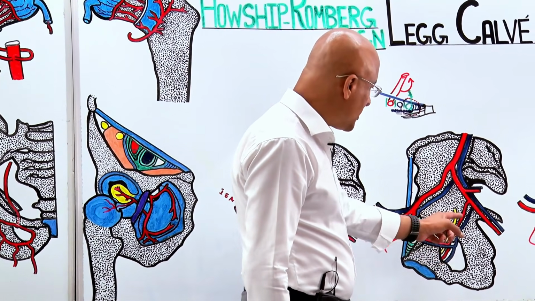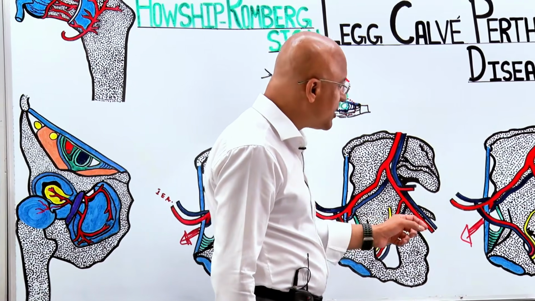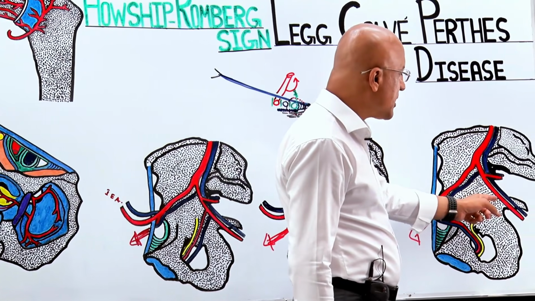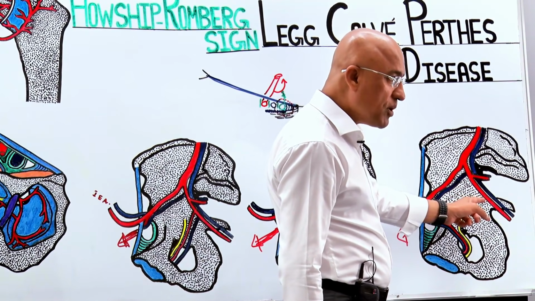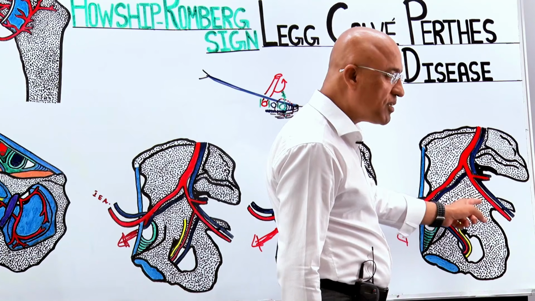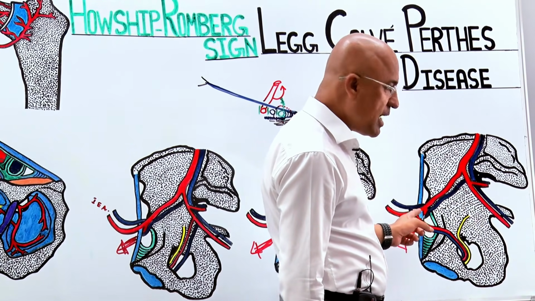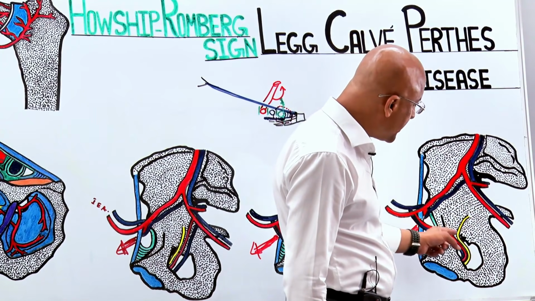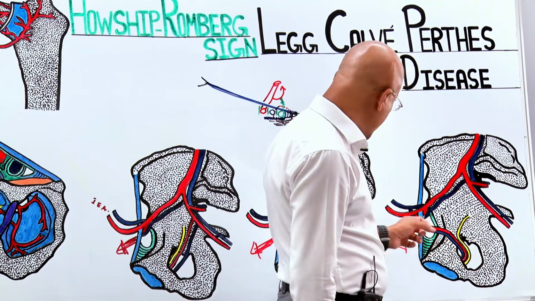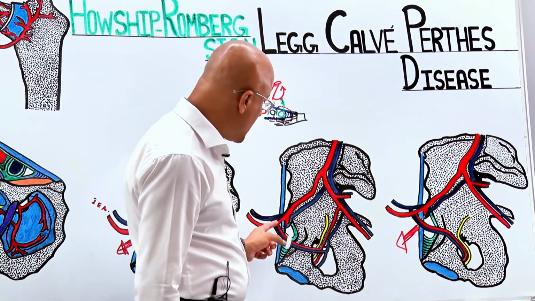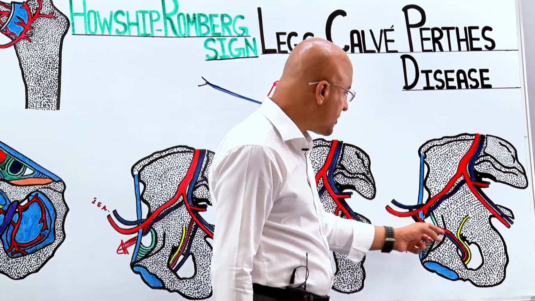Accessory. This person has two obturator arteries. Or we also talked about the origin being shifted from the internal iliac to the external iliac system, and from there the artery comes directly down to the obturator canal. We discussed the accessory obturator artery and the aberrant obturator artery.